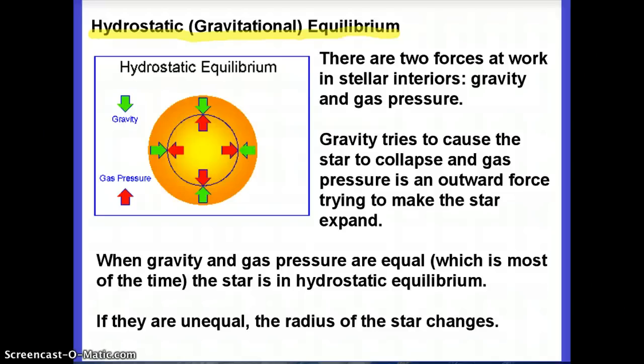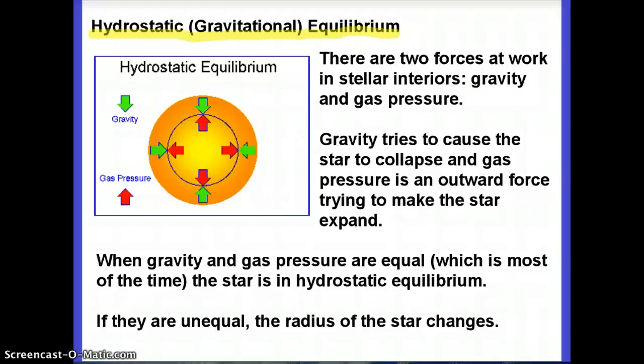Well, the other force is gas pressure. This is the pressure you learned about in chemistry when you studied ideal gases. Whenever you heat something up, there's an outward pressure that pushes outside and is higher the hotter the temperature is. So it's the pressure that makes a balloon blow up, for instance.